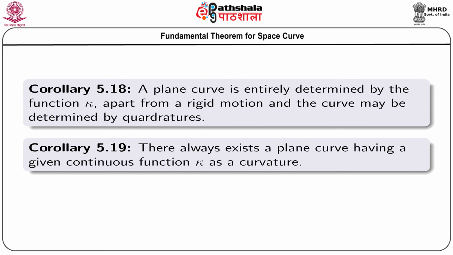And the next one, there always exists a plane curve having a given continuous function kappa as a curvature. So, we can consider these two corollaries as a fundamental theorem for a plane curve. These two corollaries will give the existence and uniqueness for a plane curve.